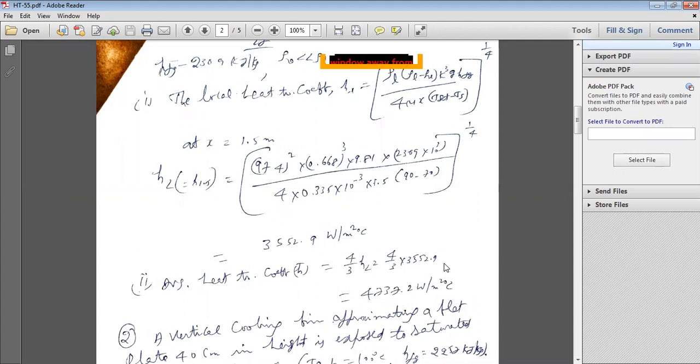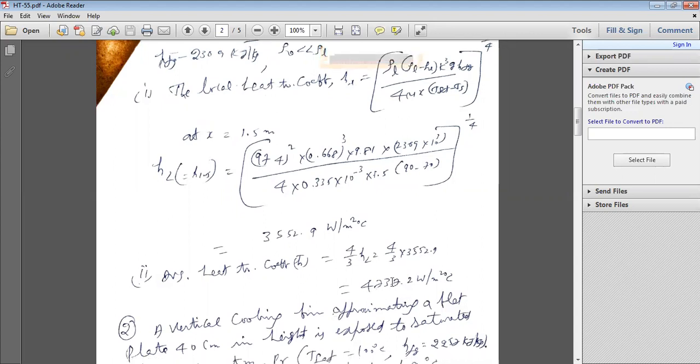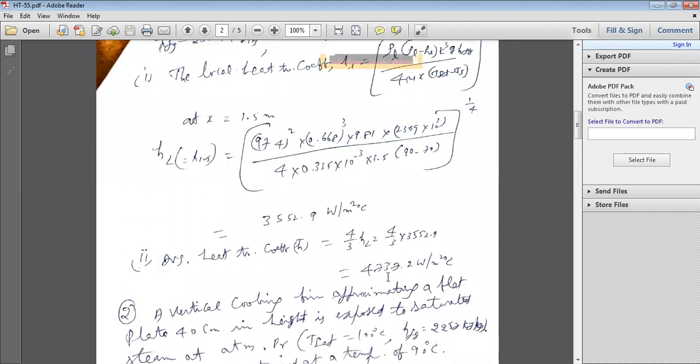Then you are getting the average heat transfer coefficient 4737.2 watt per meter square Kelvin.